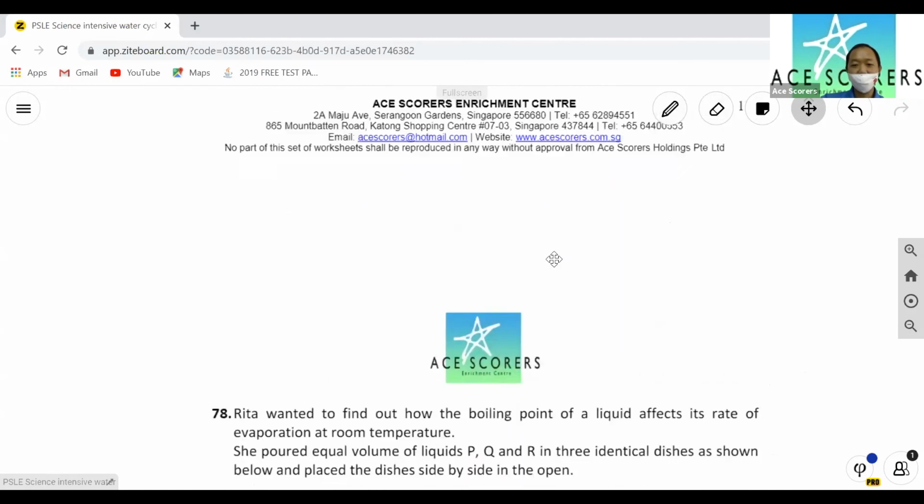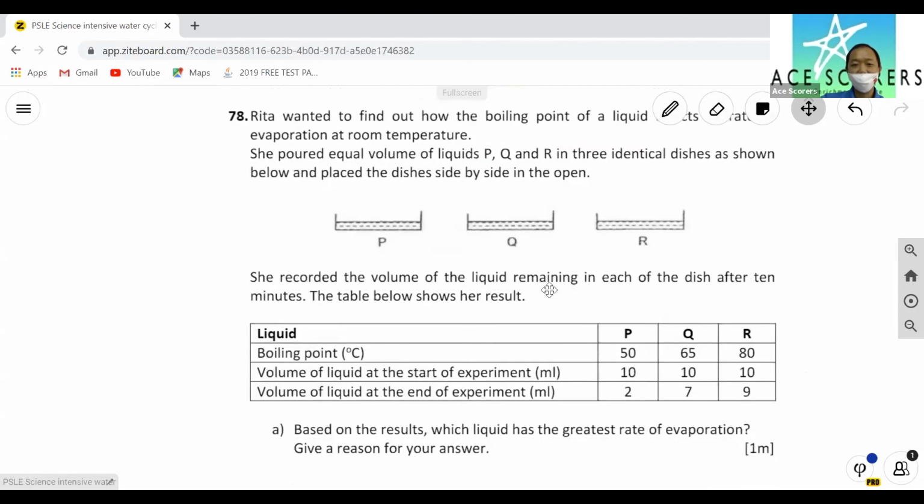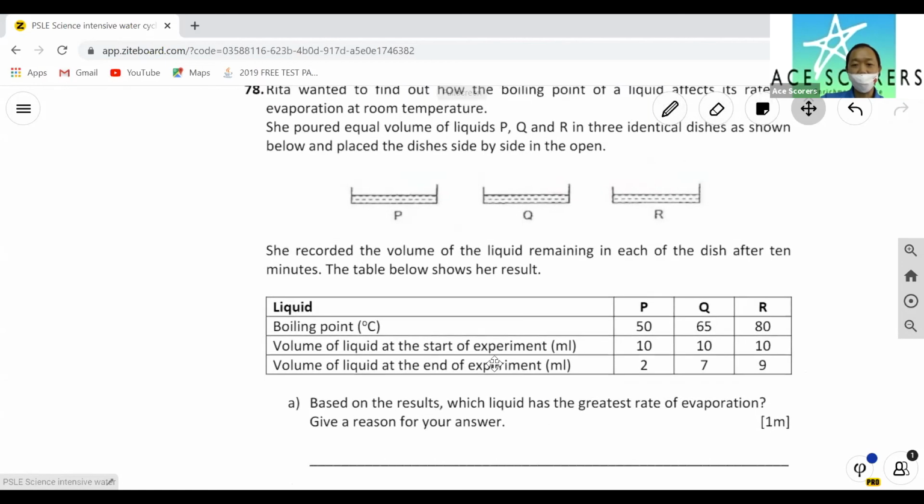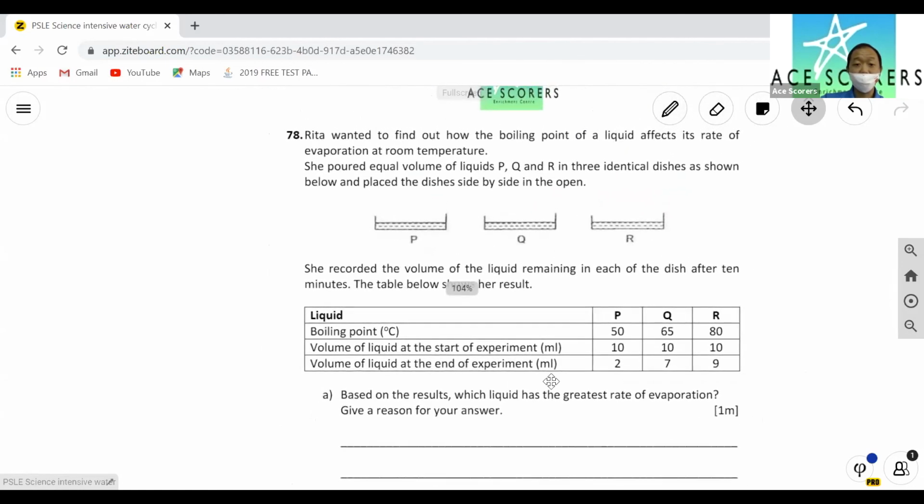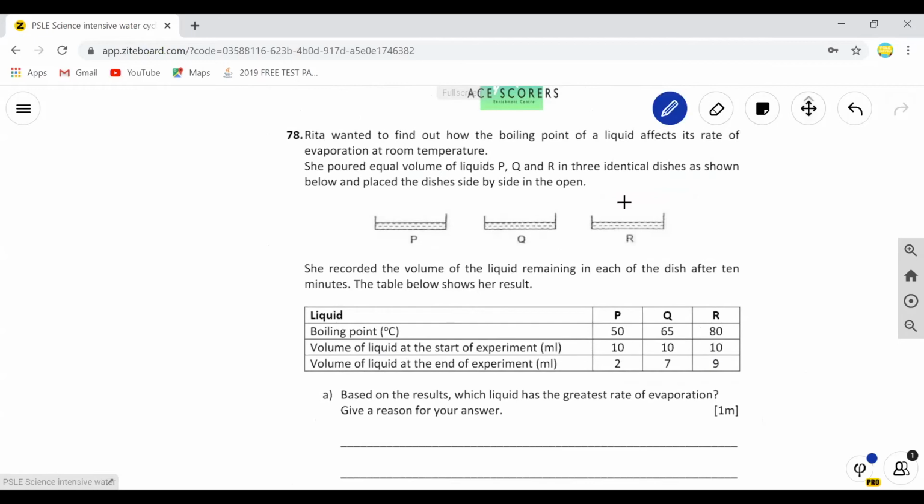Next one. Which liquid has the greatest rate of evaporation? Boiling points 50, 65, 80. This one, P. At first there's 10, then after that there's 2. So P. Why?